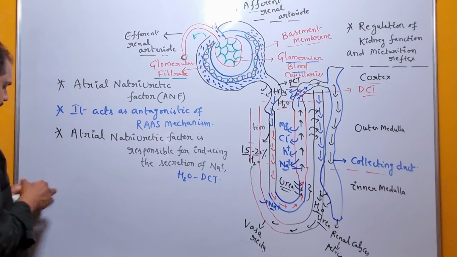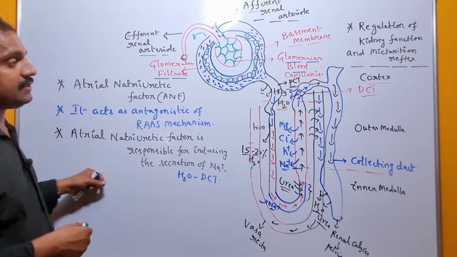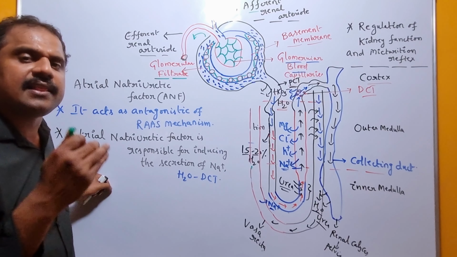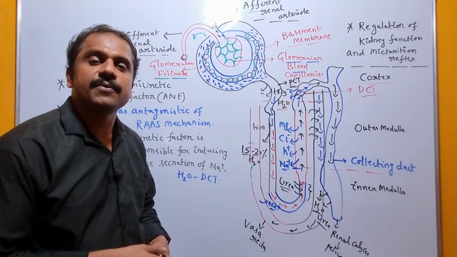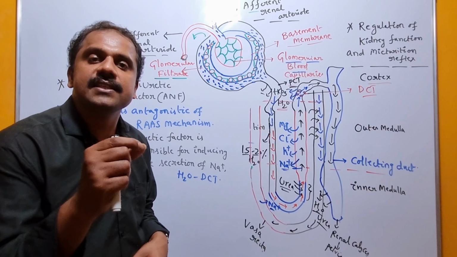And it is also responsible for lowering the blood pressure. Is it clear? So all these are the various factors or organs which are responsible for regulating the kidney function so efficiently.